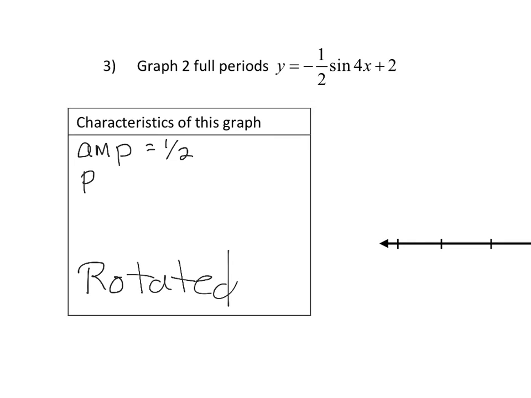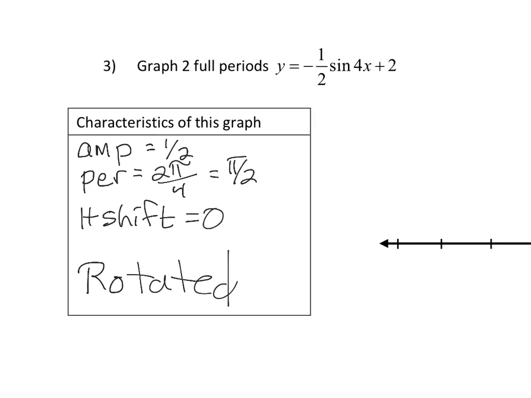My period is going to be 2 pi divided by the 4 that's on the x, which gives me pi over 2. My horizontal shift is 0. My vertical shift this time is plus 2.